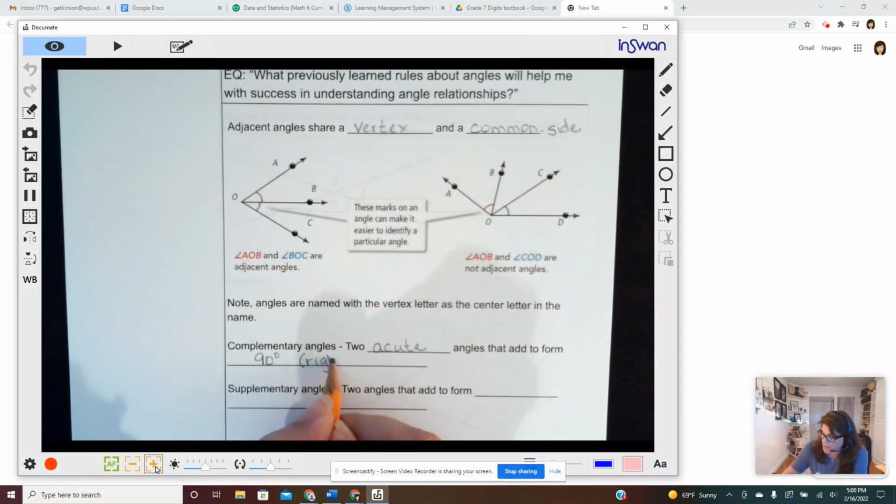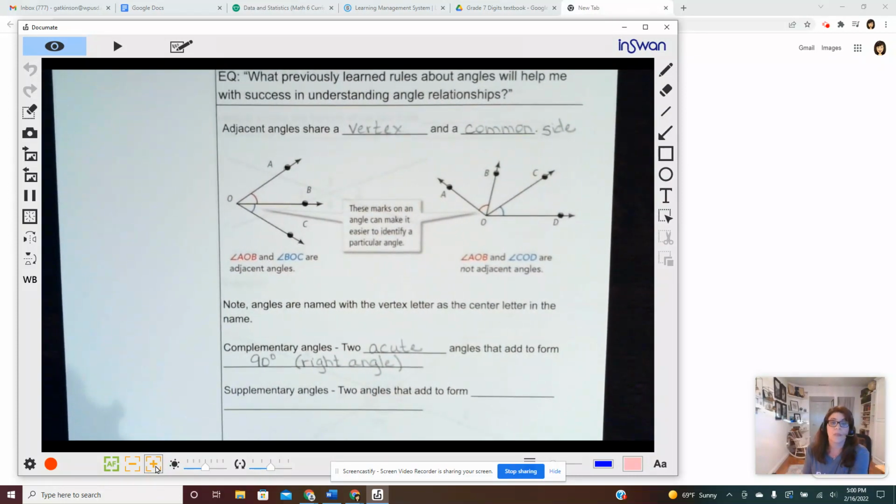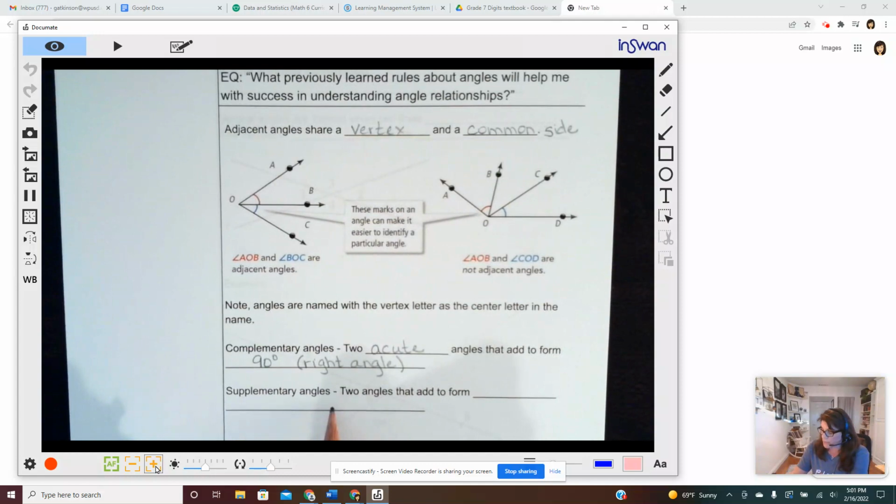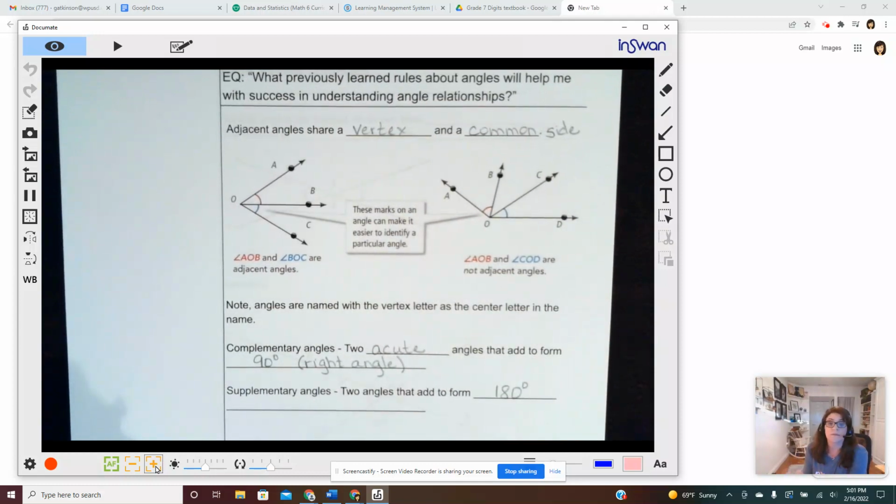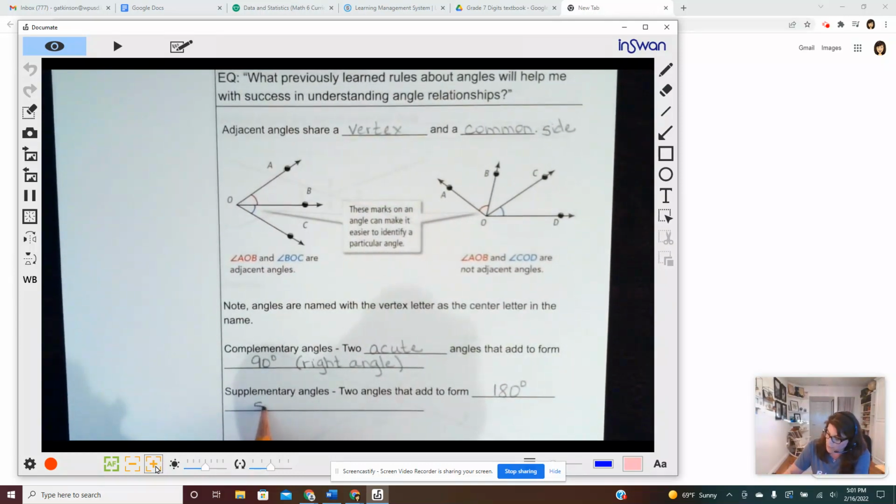They make a right angle. Supplementary angles are two angles that add to form 180 degrees. They form a straight line.